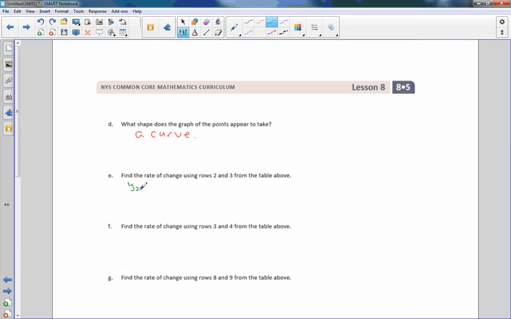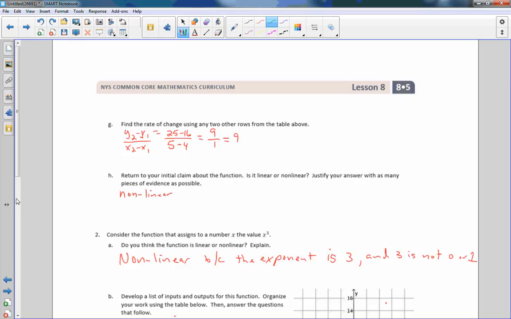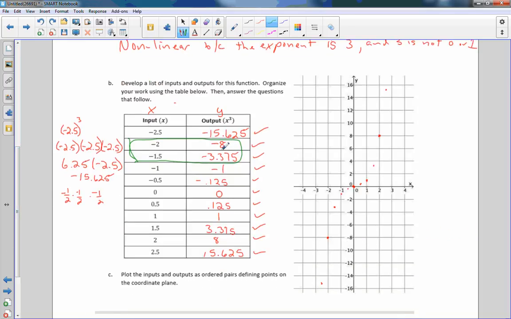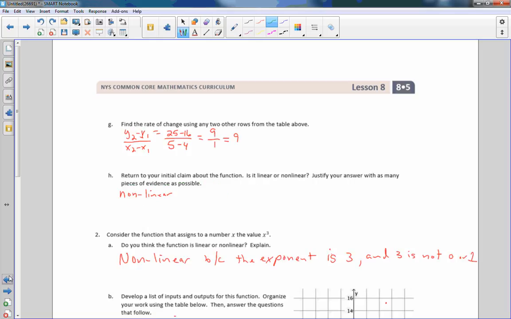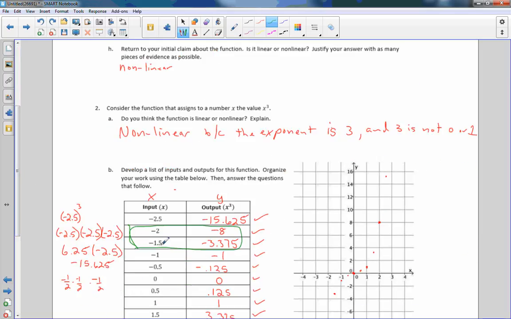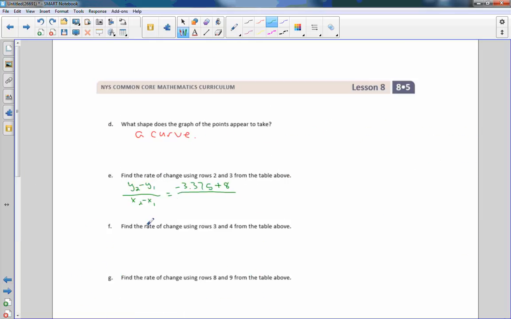So let me write this, y2 minus y1 over x2 minus x1 equals negative 3.375 minus, okay, I really don't like going back and forth like this, minus a negative 8, which is plus 8, over x2 minus x1. So that'd be negative 1.5 minus a negative 2. And minus a negative is plus.